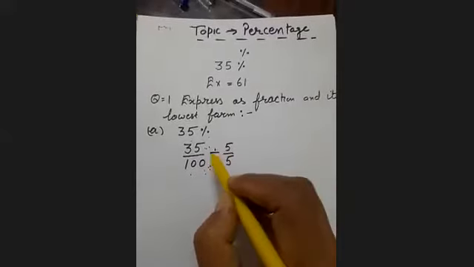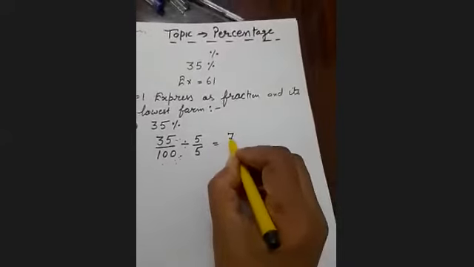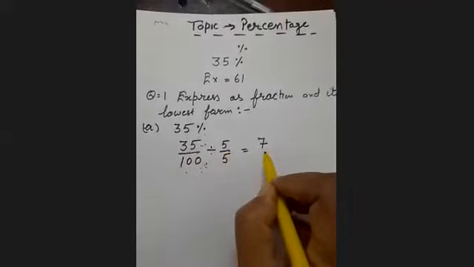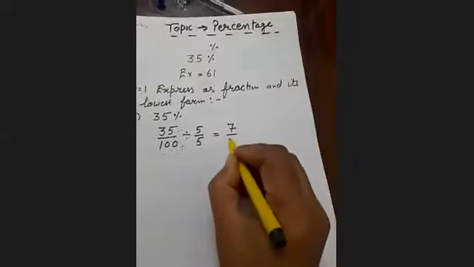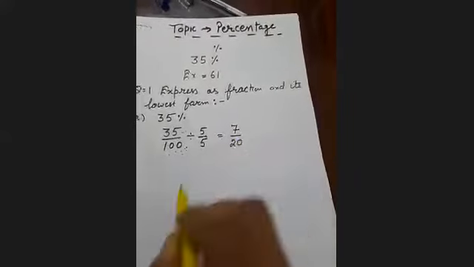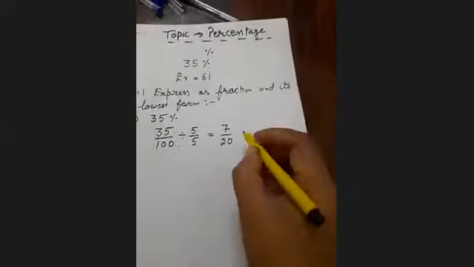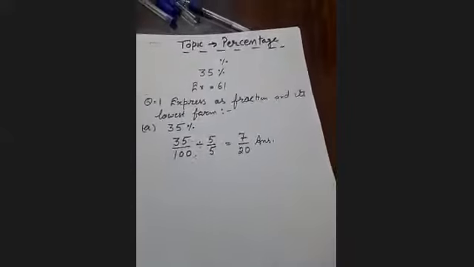Clear, students? Now 35 divided by 5 gives 7, and 100 divided by 5 gives 20. So our answer is 7 upon 20.